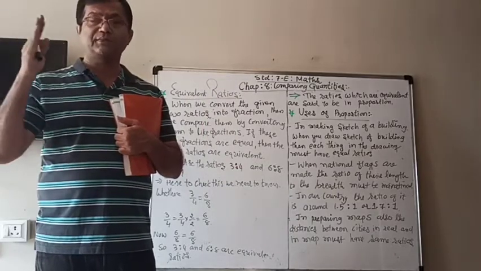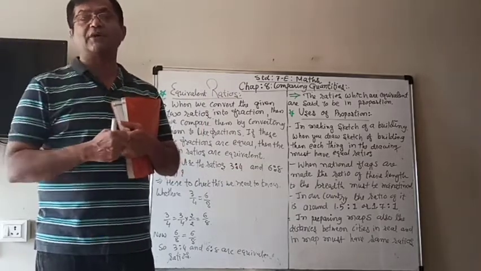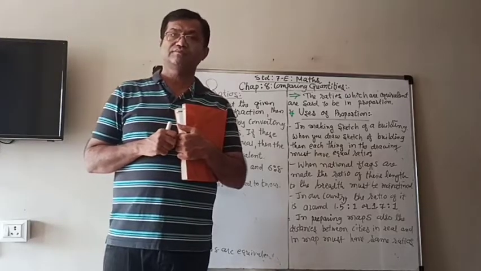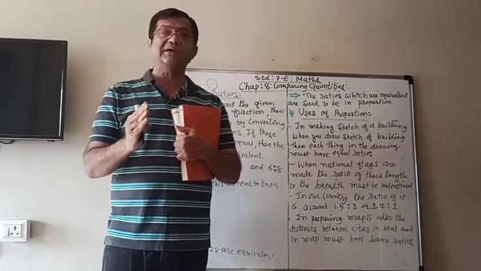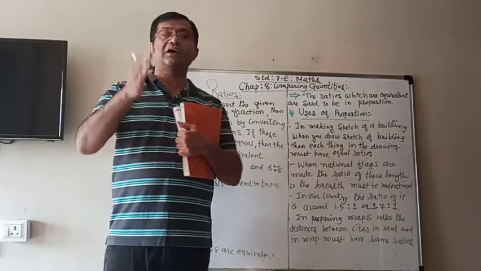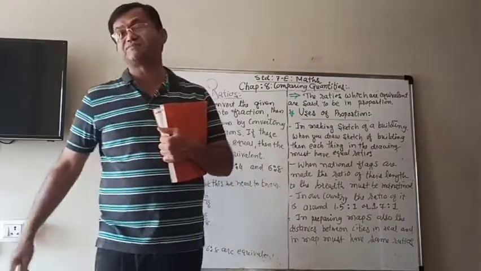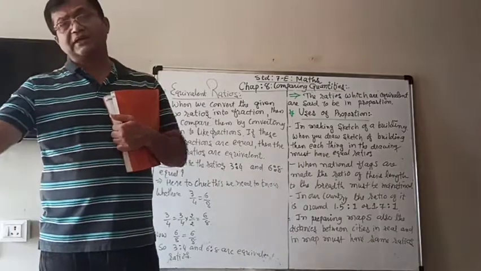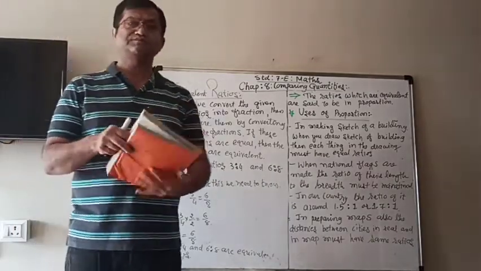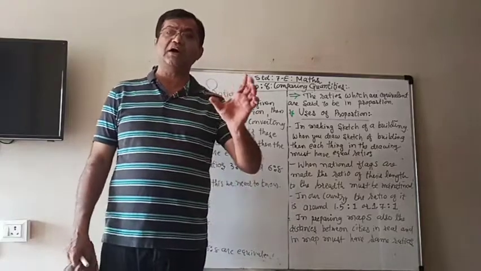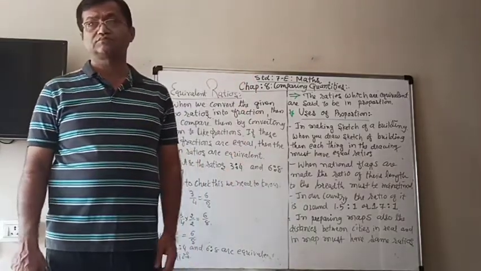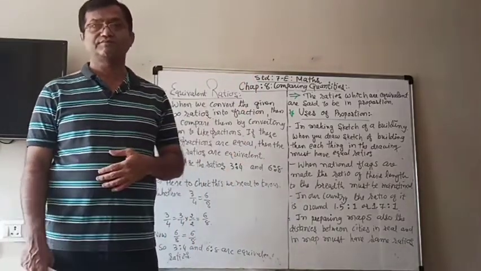You have to keep in mind the number of people in your house and how many bedrooms or kitchen or toilet, bathroom, etc. are needed. Then what will he do? He will make a drawing or a blueprint.